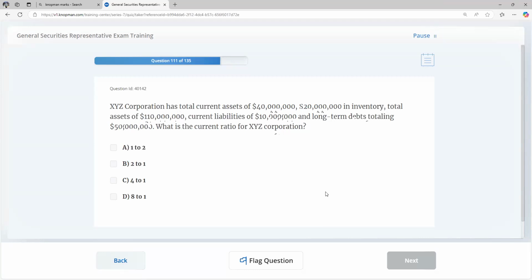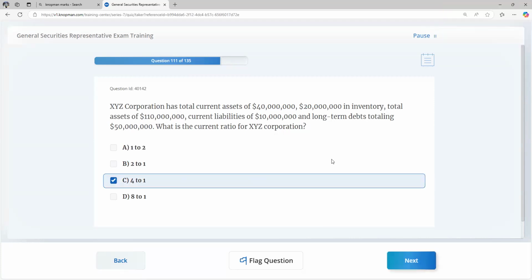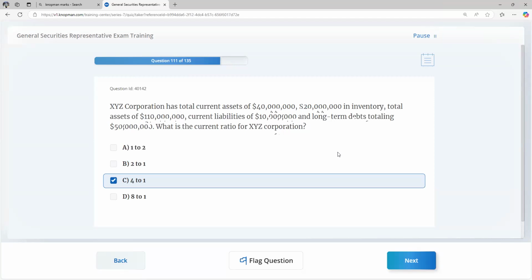So current assets is the 40 million divided by the 10, so 4 to 1. Excellent. What if I asked you quick ratio? Quick ratio is current assets minus inventory, divided by current liabilities. 2 to 1. Yep, 2 to 1.